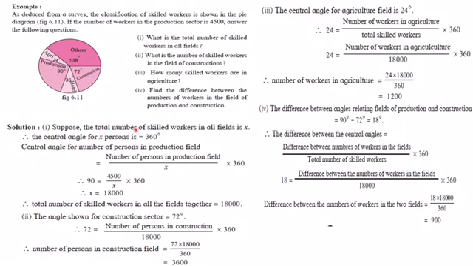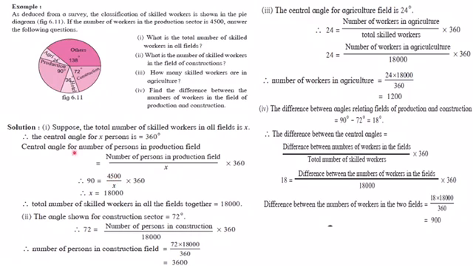Suppose the total number of skilled workers in all fields is X. The central angle of X persons is 360 degrees. All persons, 360 degrees. Central angle for the number of persons in the production field is 90 degrees. So number of persons in the production field divided by total, into 360 degrees.